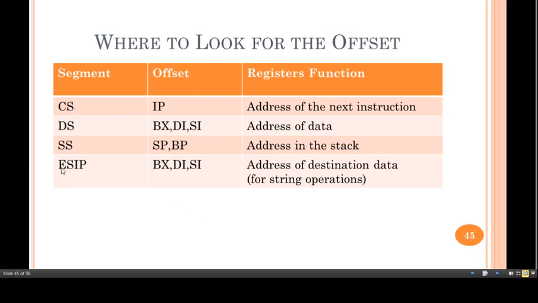So where do we look for the offset? These are the segments, these are the offsets, and these are the register functions.